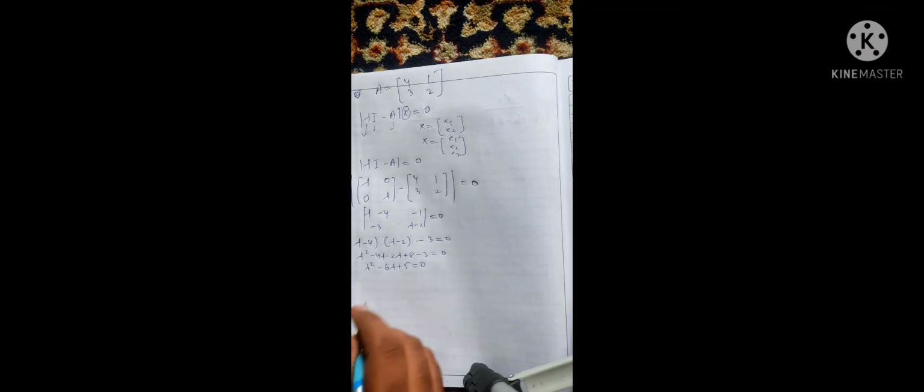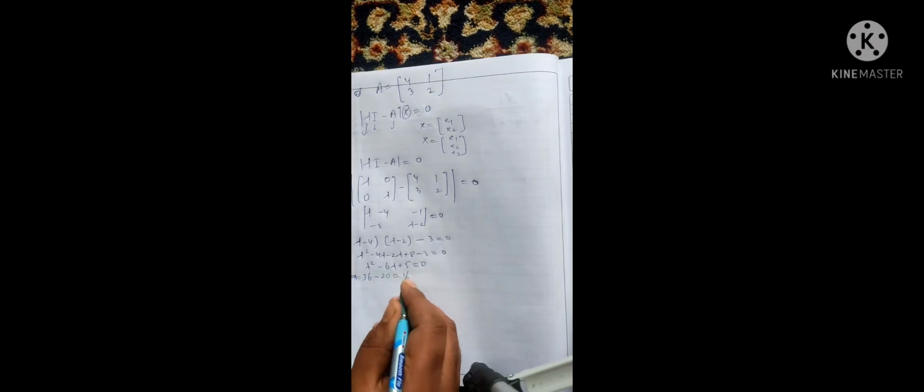Okay, so you can solve it either by using the discriminant rule or the middle term splitting method. Whatever you want to use, we just have to find the values of lambda, which are the eigenvalues. If we solve it by using the discriminant, D is equal to b square, that is 36, minus 4ac, that's 20, so it is 16.